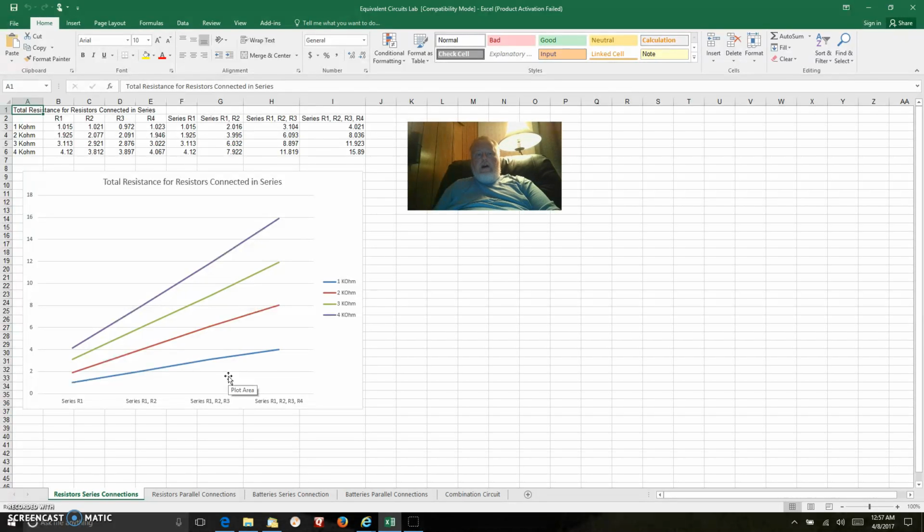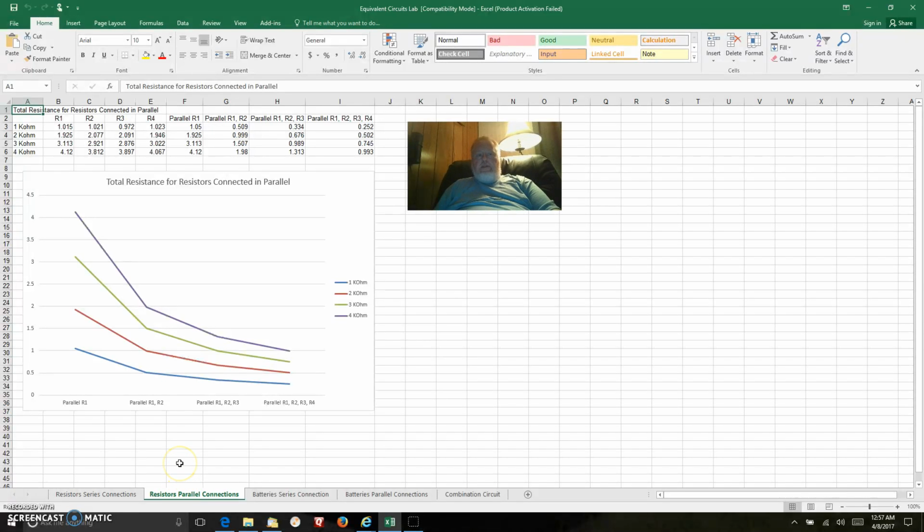The slopes of the lines end up being equivalent to the value of the resistor being added, and that there are 4 separate lines that indicate that there's no relationship between the value of the resistors and the equivalency of connecting resistors in series. So from this graph, they should be able to infer that connecting resistors in series, the equivalent resistance is just equal to the sum of the resistors that are being connected.